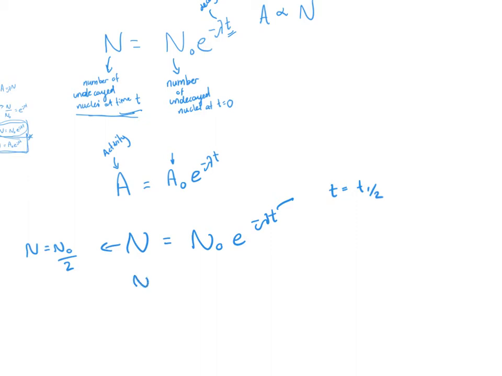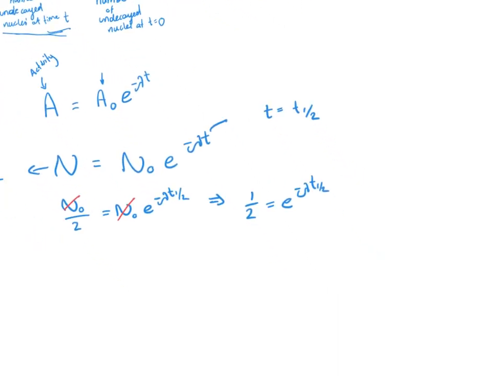Now I'm just going to substitute those expressions in here. N naught and N naught cancel out, because if I divide both sides by N naught, they cancel. So what I have left is a half is equal to e to the minus lambda times the half-life, so the decay constant times the half-life.